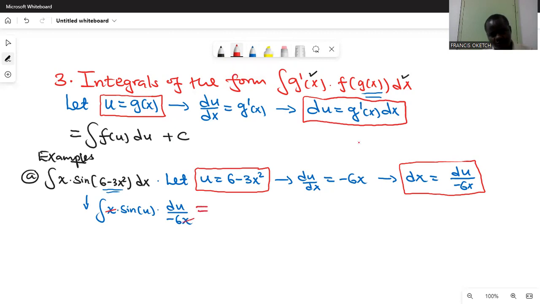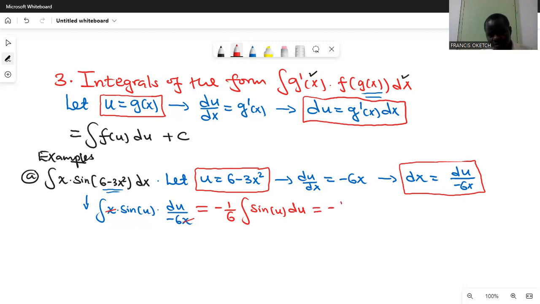So what we have is negative 1 over 6 times the integral of sine u du. At this point, you need to ask yourself, what did you differentiate to give you sine u? It is negative cos u.